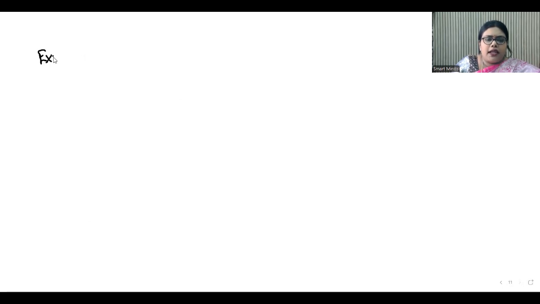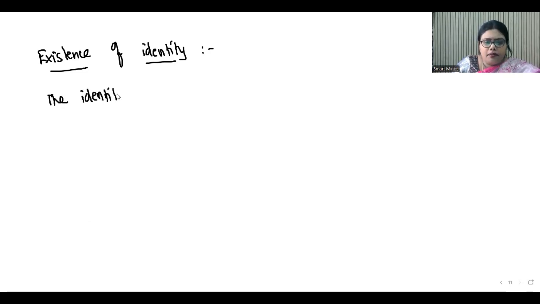Next property, existence of identity. How do you show existence of identity? What is the identity element? The identity element E belongs to G. That means FE belongs to G dash.